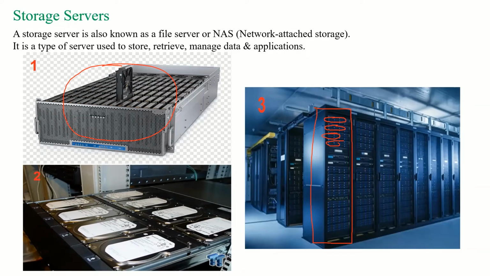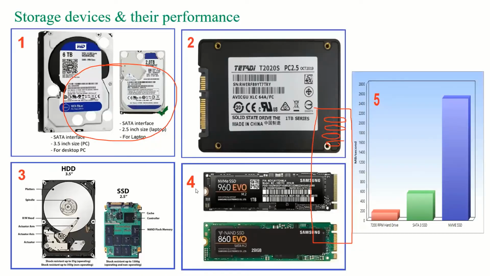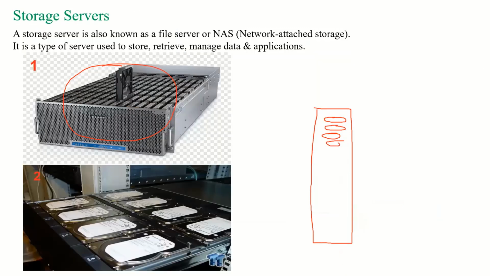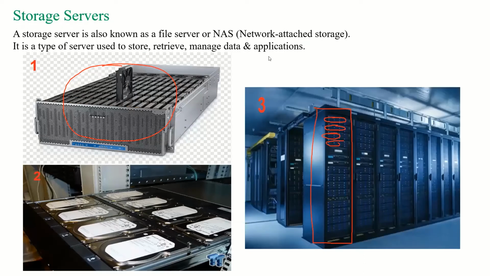Depending upon what type of storage we are using, suppose we go for SSD NAND, what we saw in the fourth picture, it can have thousands of pieces in one single rack. So it depends upon what type of storage device we use.